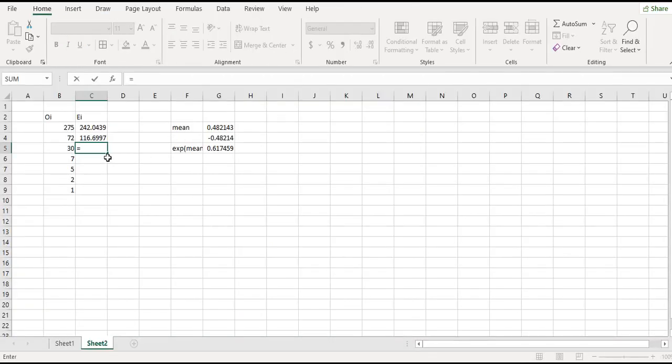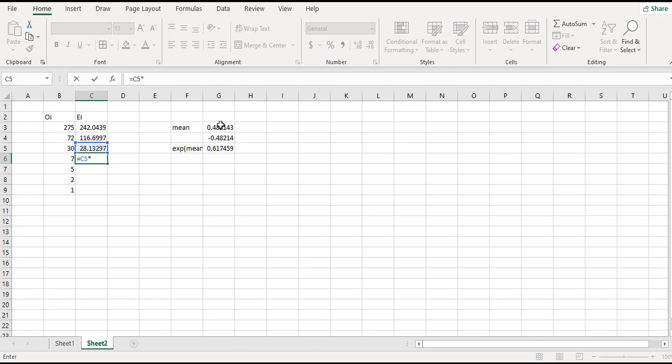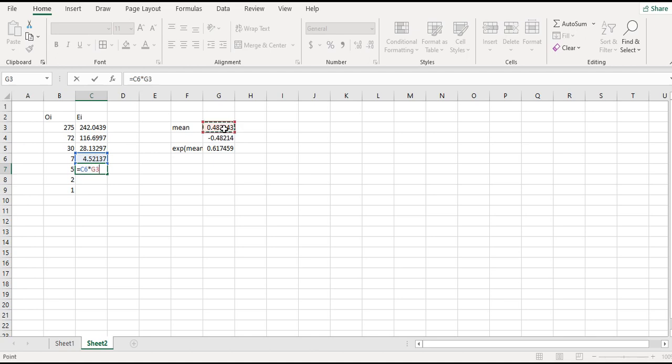For the next term I am going to multiply the previous term with mean and divide by 2. Now multiply the previous term with mean and divide by 3. Multiply the previous term with mean and divide by 4.